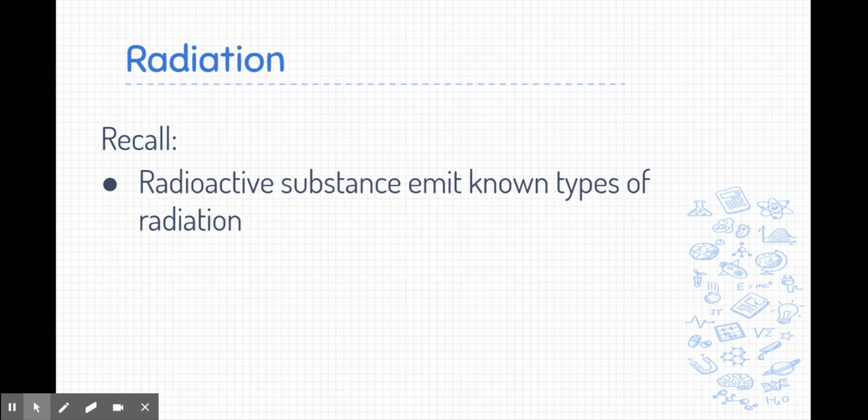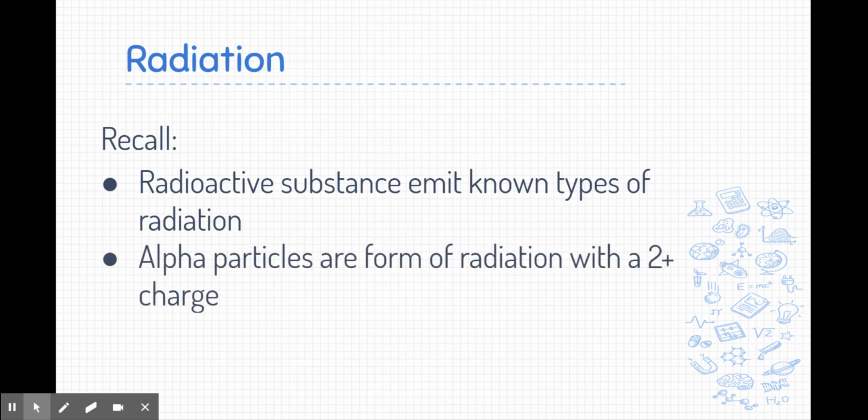So when Rutherford was doing his gold foil experiment, he knew that certain types of radioactive material will emit certain types of radioactive particles. The particle of interest to us today are alpha particles. Remember, those are a form of radiation with a positive charge. They have a 2+ charge because they have 2 protons as part of their structure. But for our purposes, it's sufficient to remember that they are positively charged radioactive particles.